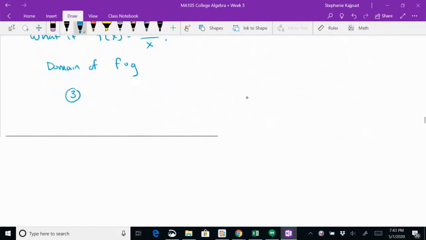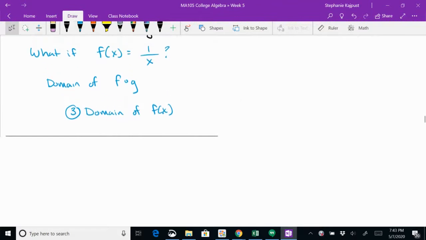So step 3, we want to find the domain of f of x. In this case, f of x is 1 over x, and whenever you have a rational function like this, where you have x in the denominator, we have to be careful because we can't divide by 0.